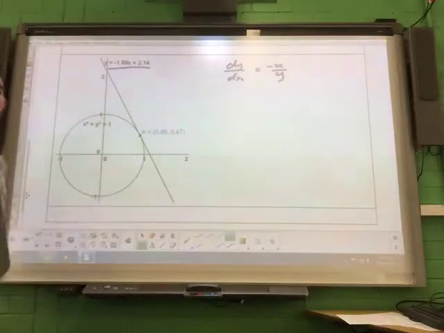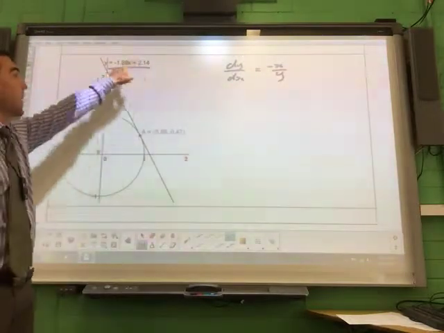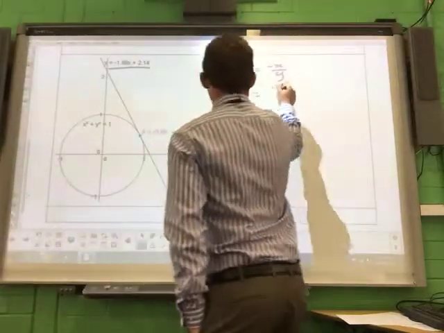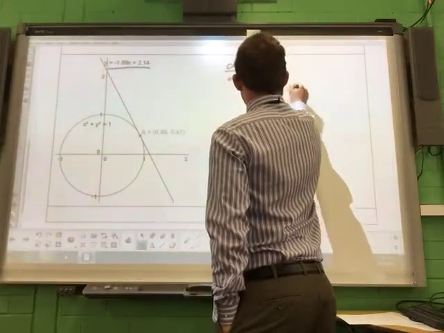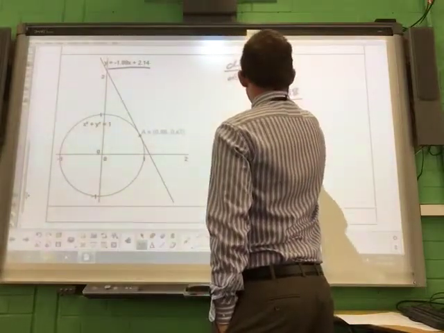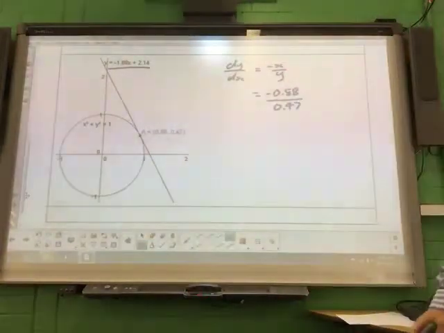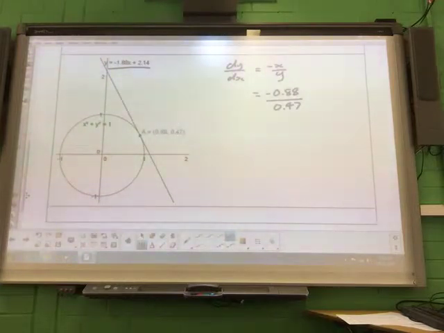At this particular point, by substituting that, I should get negative 1.89 for dy dx. So it equals negative 0.88 over 0.47, substituting for x and y. Put it in your calculator, do I get approximately negative 1.89?